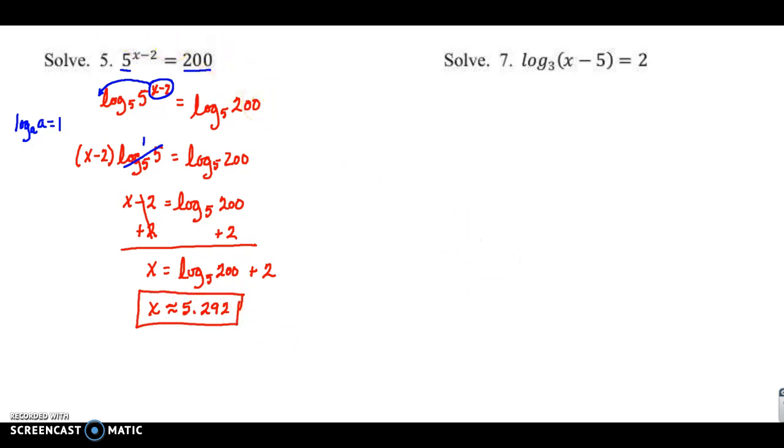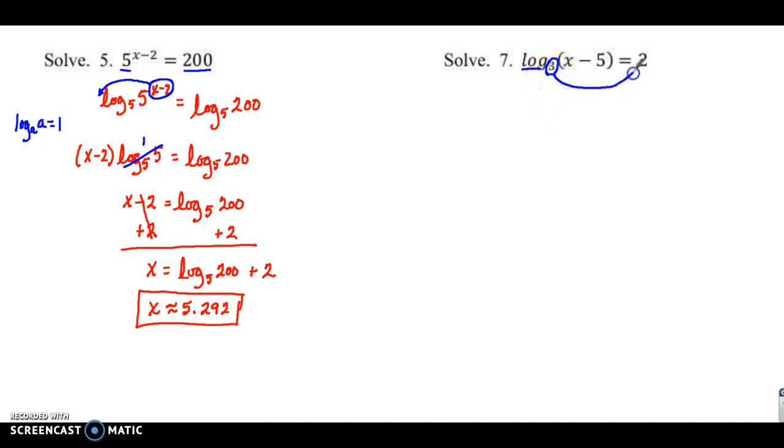Okay, now the difference in this equation and this equation when I have a log is, notice there's only one log. I don't have a log on both sides. I don't have an exponent that I'm trying to get rid of. So I can do our conversion and convert it to an exponential equation, which, remember, with our conversion we start with our base of 3.